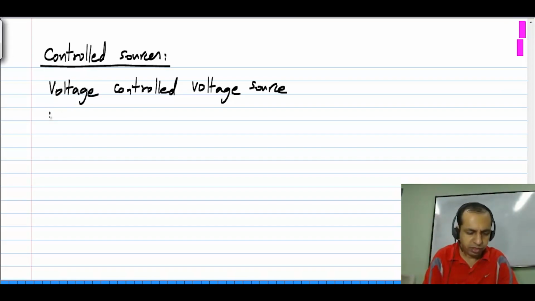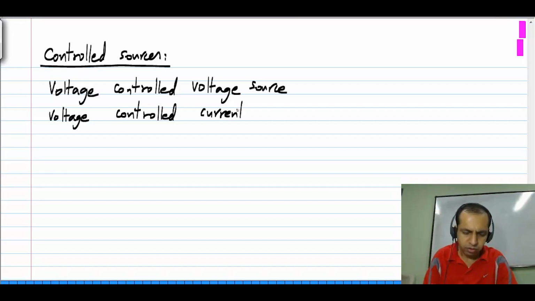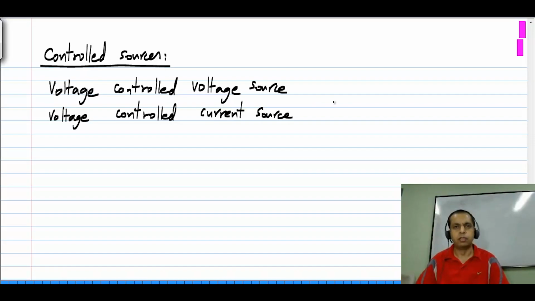And similarly, we can have a voltage controlled current source, where a voltage between a pair of terminals controls a current flowing between another pair of terminals.